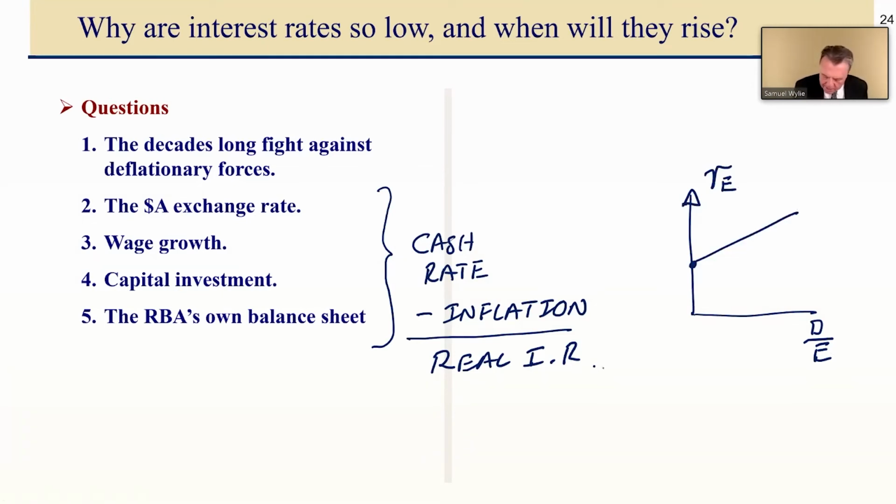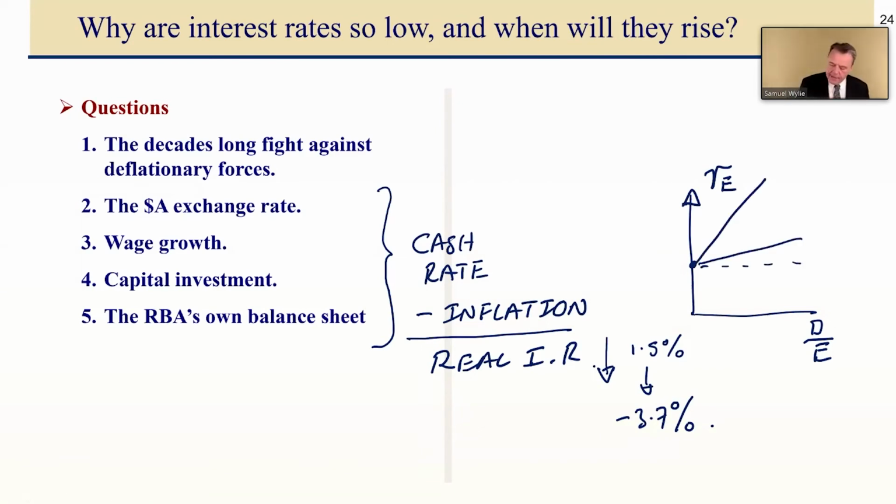It's the low real interest rates. It's the fall of these real interest rates from 1.5% in 2012 down to minus 3.7% in 2021 that's caused this curve to go from being like this to being like that.